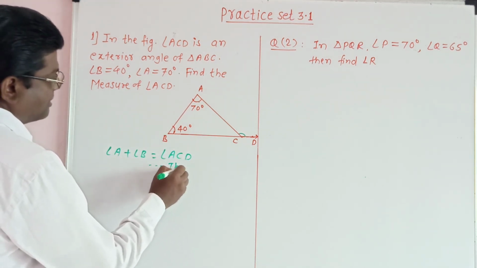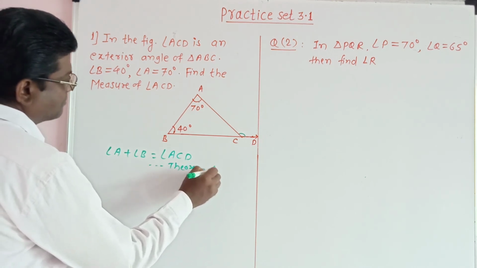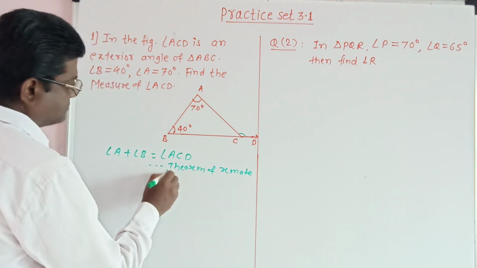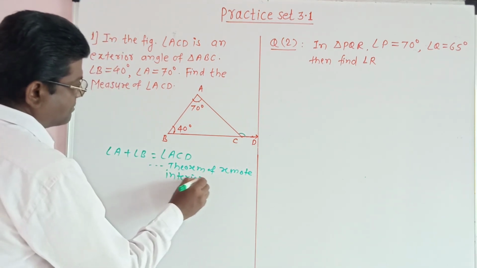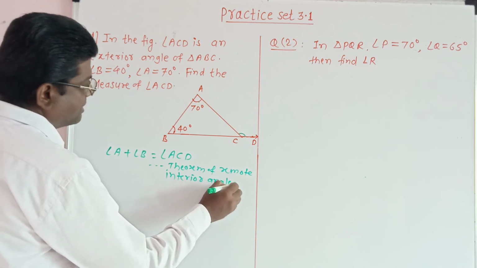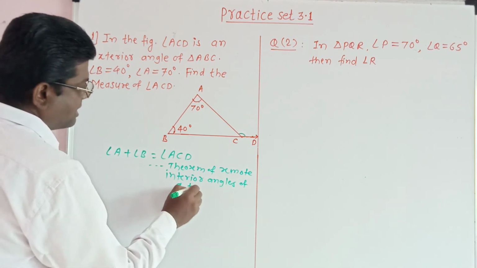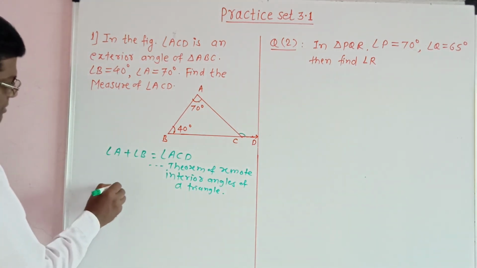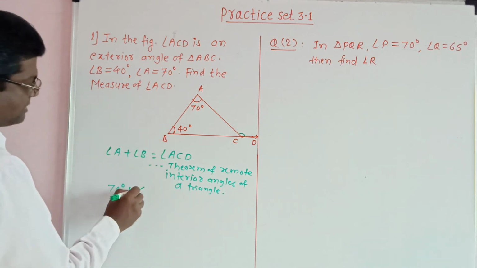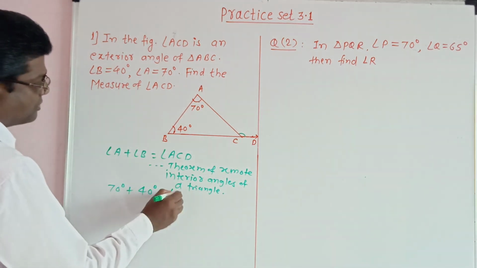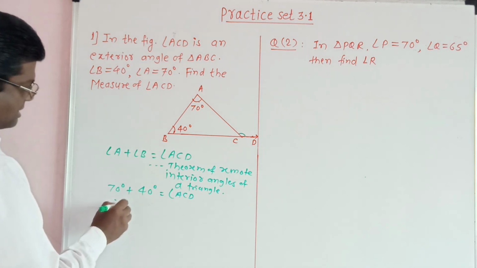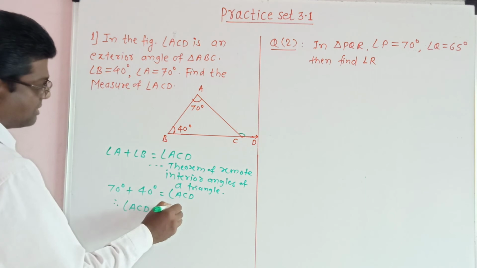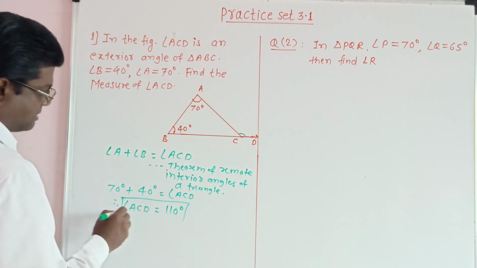Reason: theorem of remote interior angles of a triangle. Therefore, angle A, 70 degrees, plus angle B, 40 degrees, is equal to angle ACD. Therefore, angle ACD is equal to 70 degrees plus 40 degrees, 110 degrees.